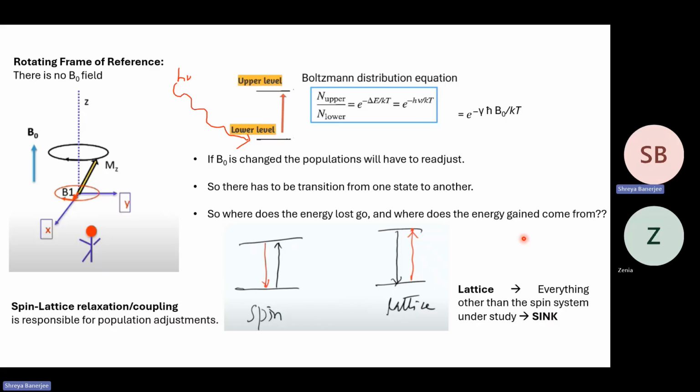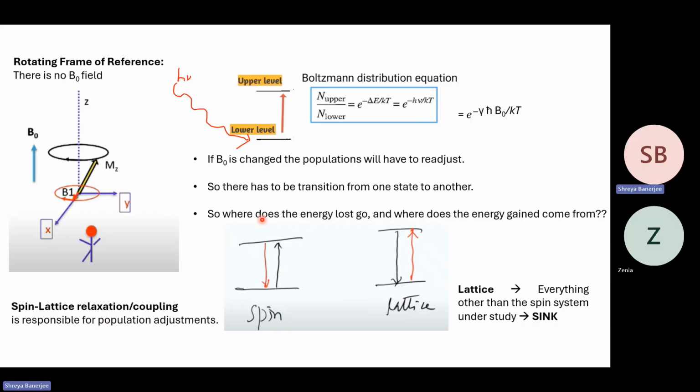Nuclei are not found in isolation. They are inside an atom. There may be other atoms surrounding it. It may be part of a crystal lattice, or it may be in solution. So everything around the nucleus is the lattice. Any energy released is absorbed by the lattice, or if some energy is needed for promotion, it also gains it from the lattice.